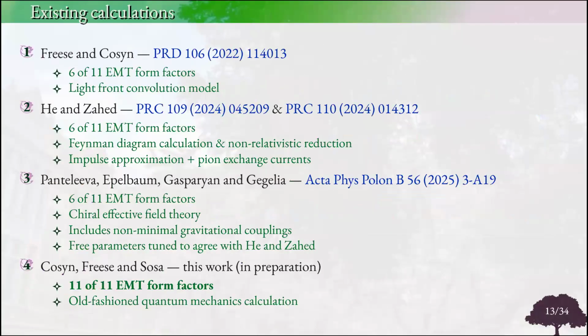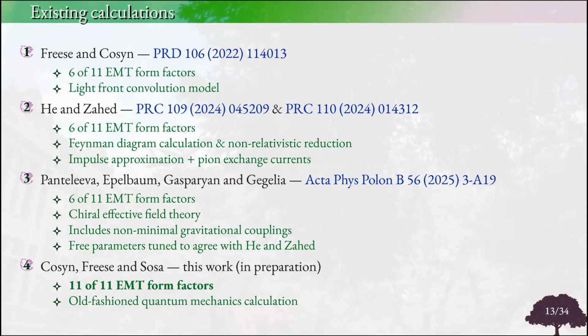Yes. So there are several calculations that exist. There are a small number of papers that calculate only one or two form factors, but there are three existing papers that calculate 6 of the 11 form factors. They get 6 of them because they look at the symmetric energy momentum tensor and they disregard the non-conserved form factors.